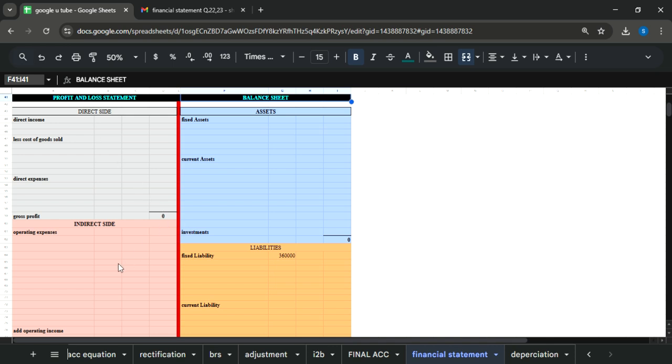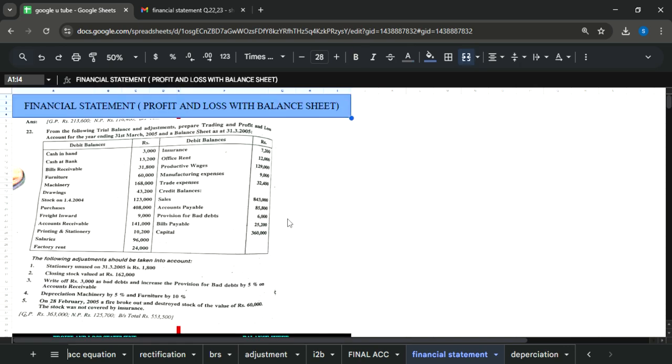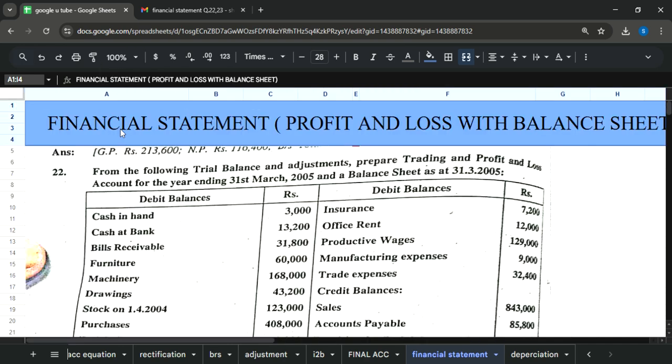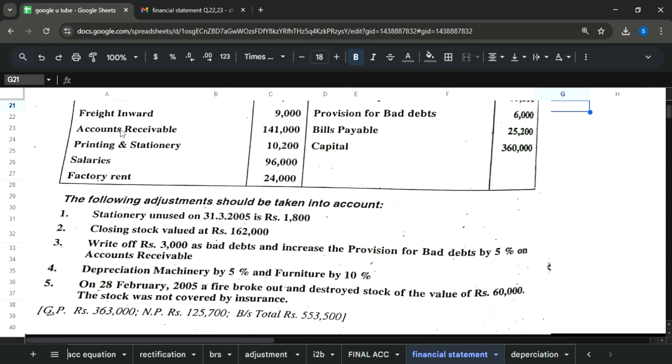The lower part is the indirect side, where net profit would be calculated. The upper side is assets, and then liabilities, both equalized with each other. I'm sure this brief introduction lets you know what our target for today's lecture is. We are going to make a profit and loss statement as well as a balance sheet. So we are ready to sort out and solve our question.